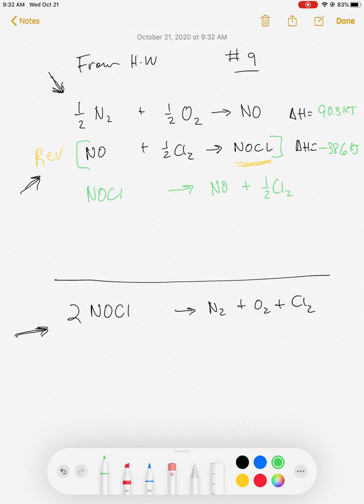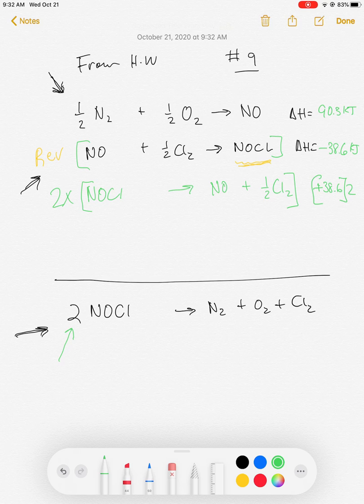So we need to kind of keep track of that. So we reversed it, so we need to make the delta H positive 38.6. Now also notice that there is a 2 here. So we also need to multiply by 2. And that means we have to multiply this by 2.